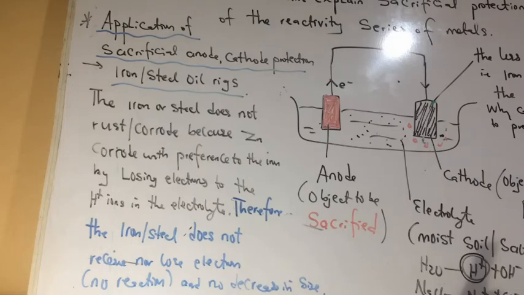It does this by losing electrons to the hydrogen ions in the electrolyte. Therefore, the iron or steel does not receive nor lose electron, no reaction. If you don't receive or lose electron, that means there's no reaction and no decrease in size. So therefore, the cathode is protected, which is made of iron or any iron material, examples like steel.